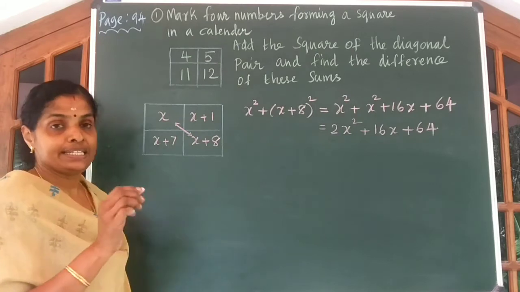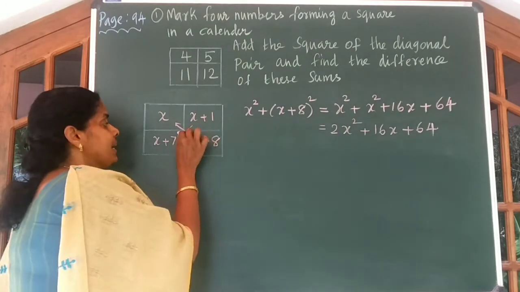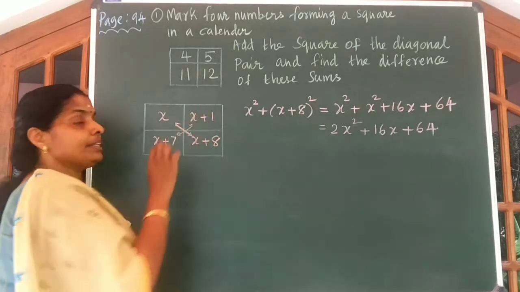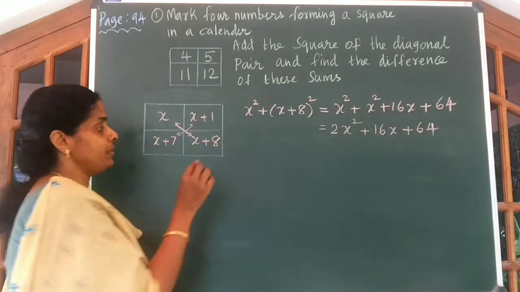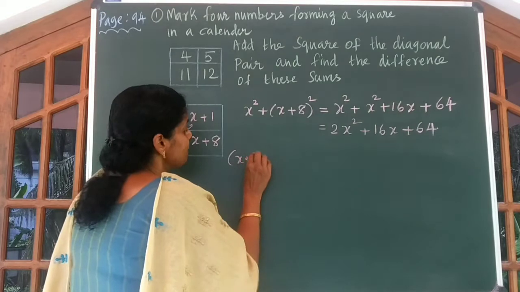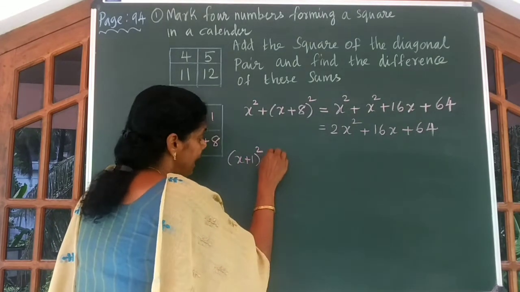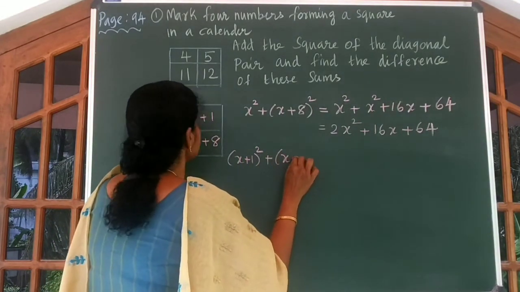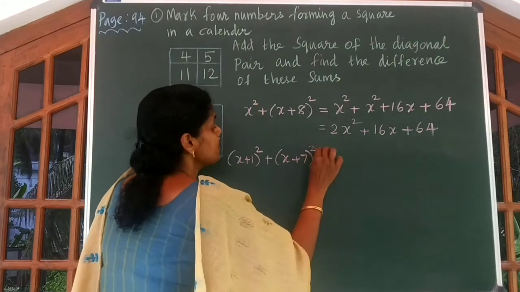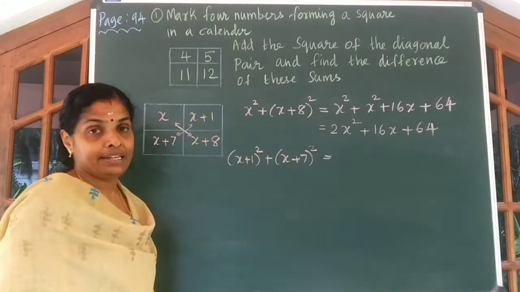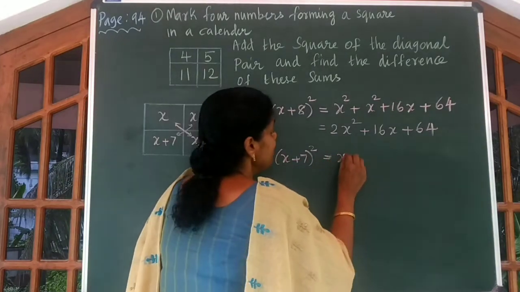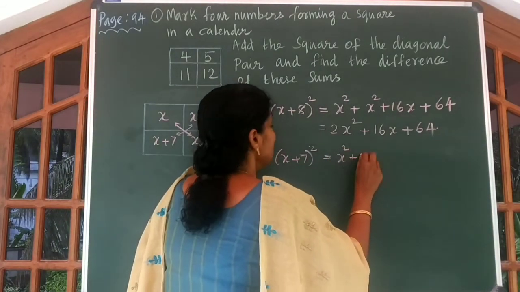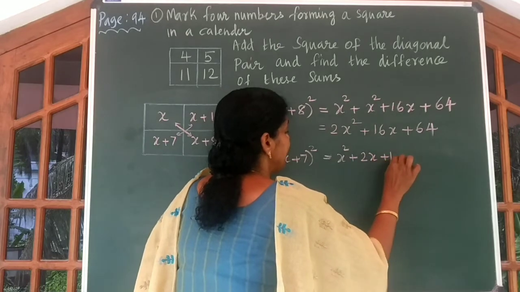Let us consider the second diagonal. We get x plus 1 the whole square plus x plus 7 the whole square. Let us expand it. X plus 1 the whole square gives you x square plus 2x plus 1.